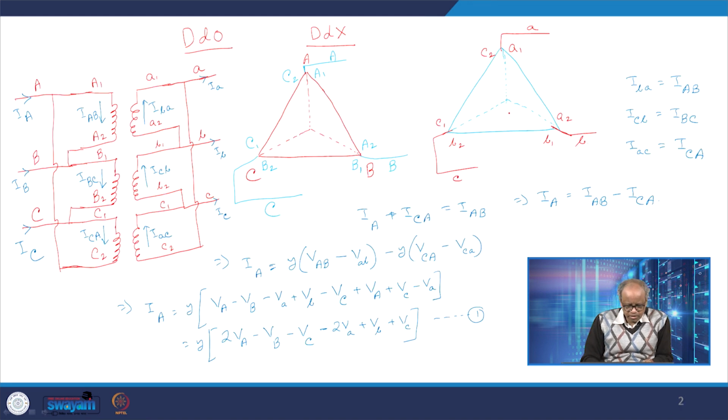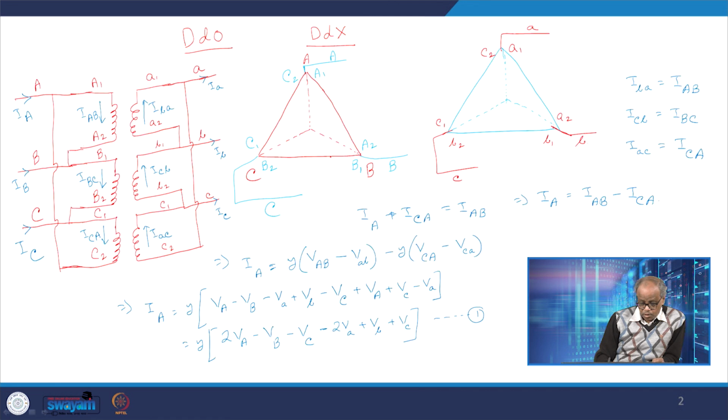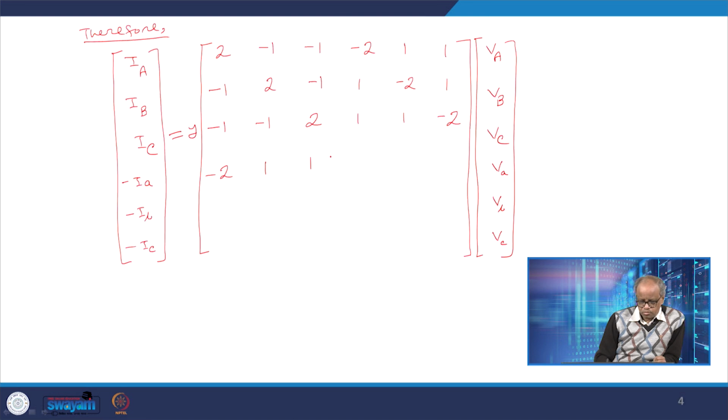Minus I capital A means everything should be minus. So it is minus 2 1 1, and 2 minus 1 minus 1.